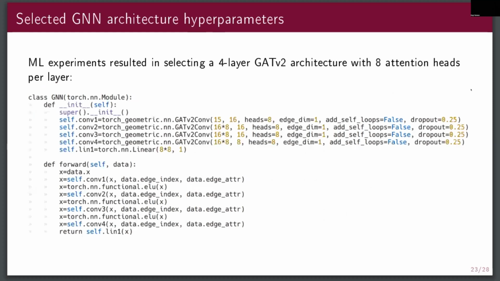Maybe it's not in good taste, but I was just in a hurry and didn't paint the picture. It's just in PyTorch notation. So our ML experiments resulted in selecting a 4-layer GATv2 attention network with 8 attention heads.